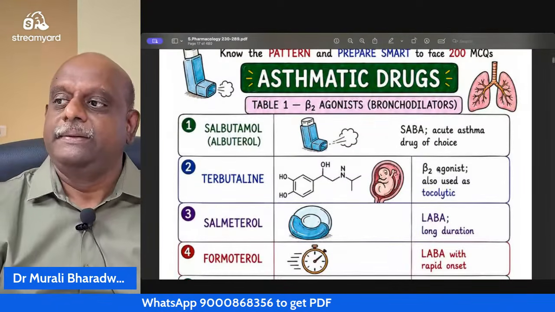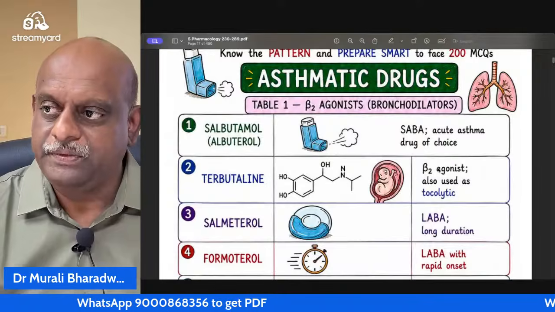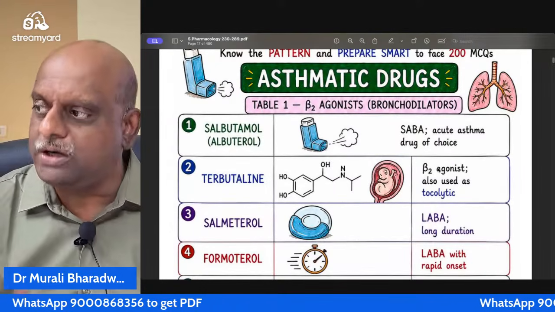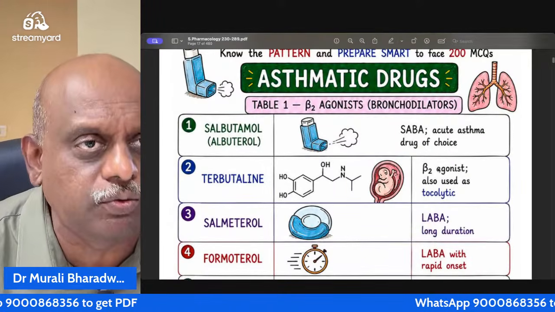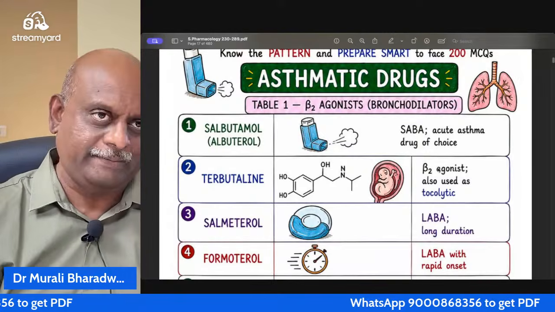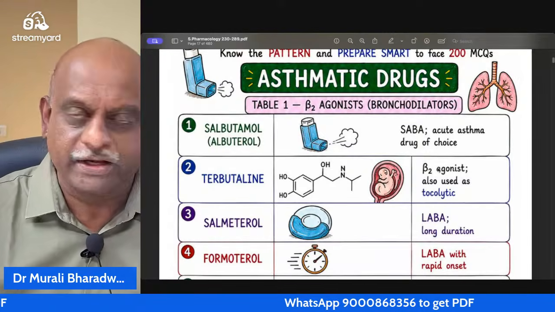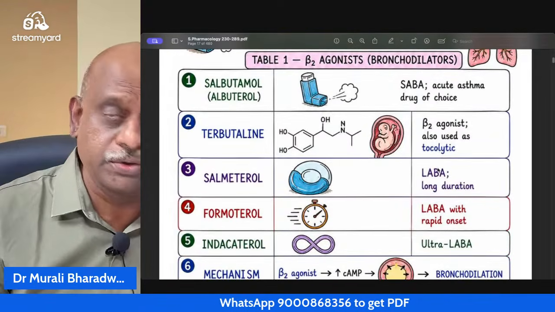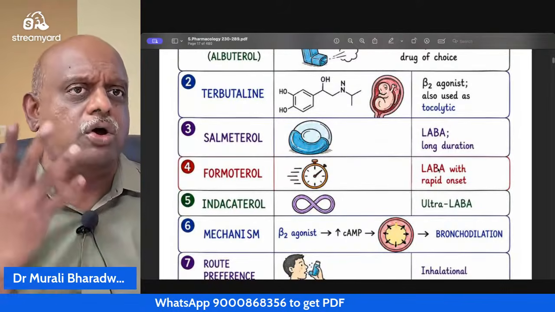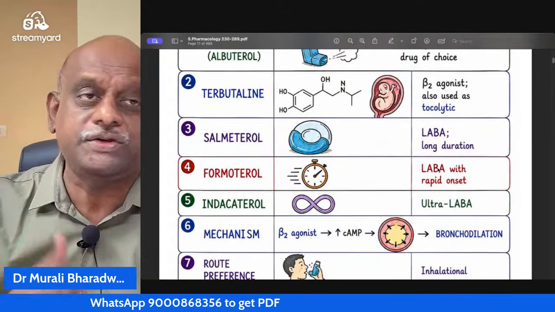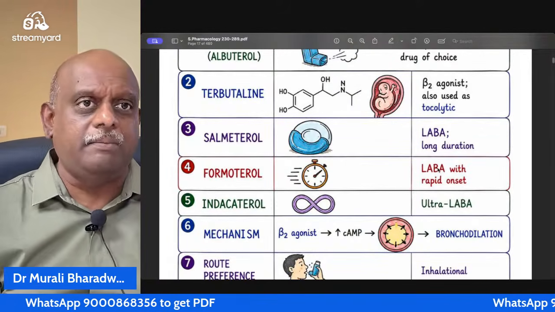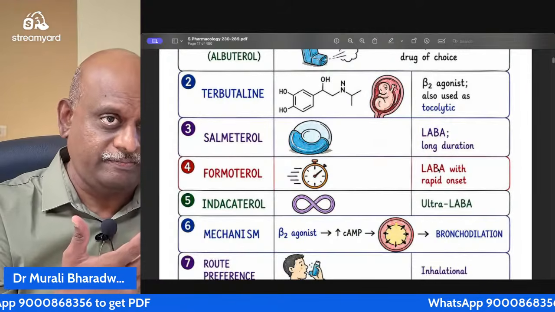So doctor, asthma drugs. Salbutamol is a short-acting beta-2 agonist, the drug of choice for acute asthma. Terbutaline is a beta-2 agonist, also used as a tocolytic. Salmeterol is a long-acting beta-2 agonist. Formoterol is a LABA, but it has a rapid onset.